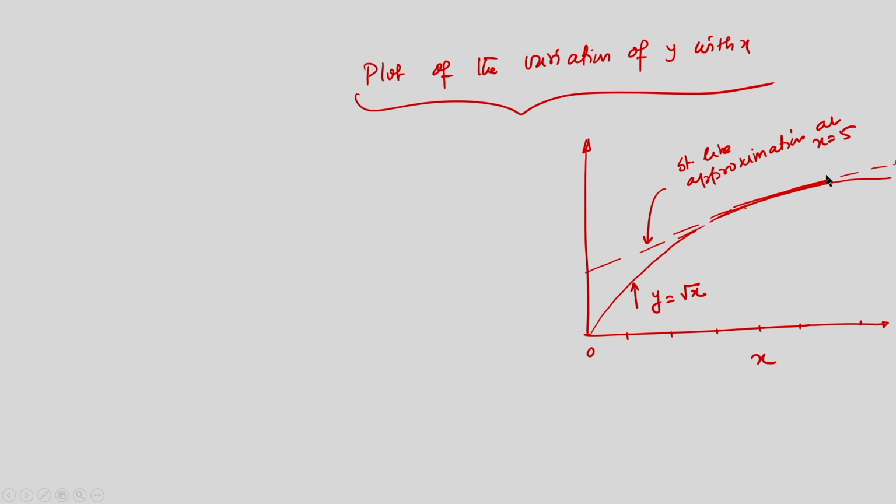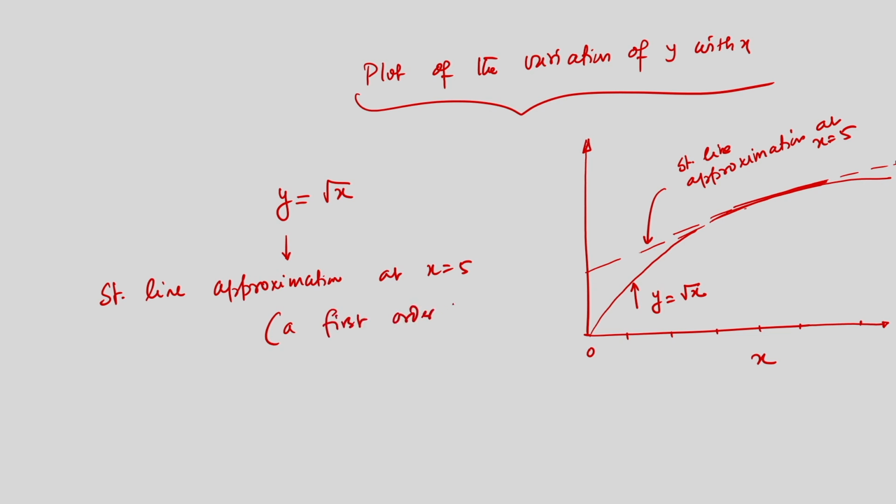So, what we can see is that y equal to root x, and the straight line approximation at x equal to 5, that is a first order Taylor series expansion.